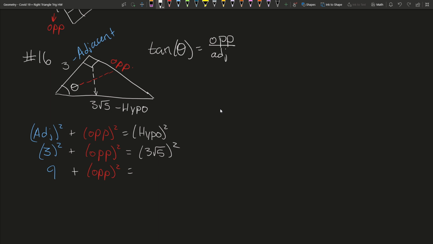And then 3 root 5 squared could be rewritten as 3 root 5 times 3 root 5, which means we multiply these 3's and then these 5's. The square root of 5 times the square root of 5 is just 5. So then we have 45 is equal to 9 plus the opposite squared. Before I go further on this question, are there any questions about what I have up on the screen?